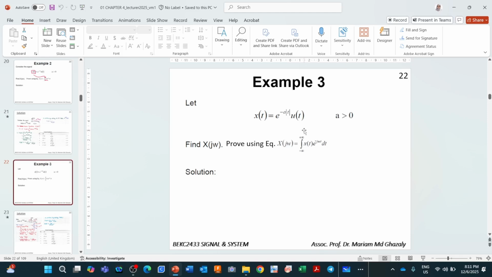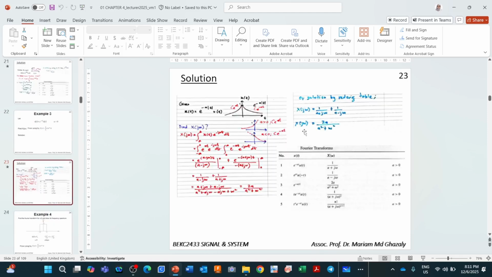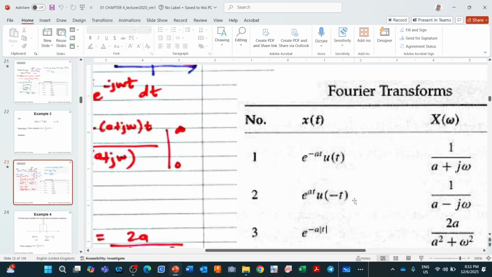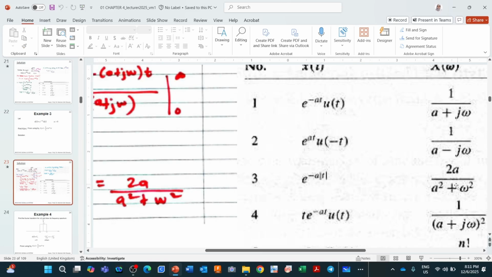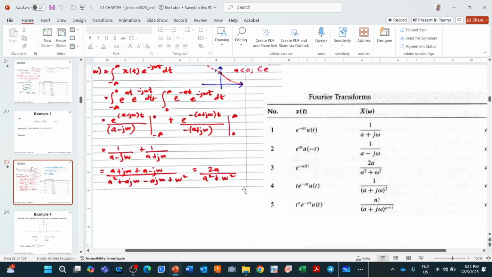So you have e^(-a|t|). So you have both sides exponential, left and right, and you prove it also for that. For e^(-a|t|), you use this equation, 2a over a squared plus omega squared. So you prove it over here.